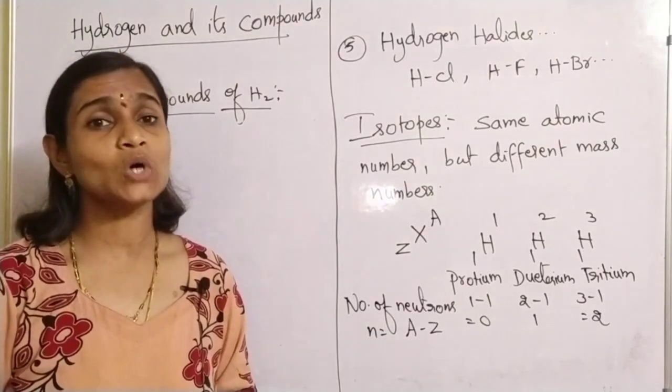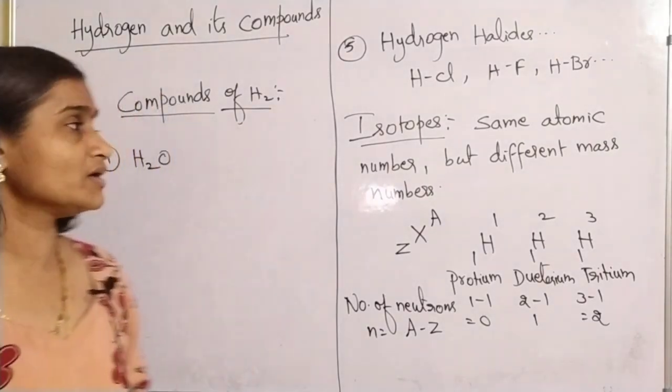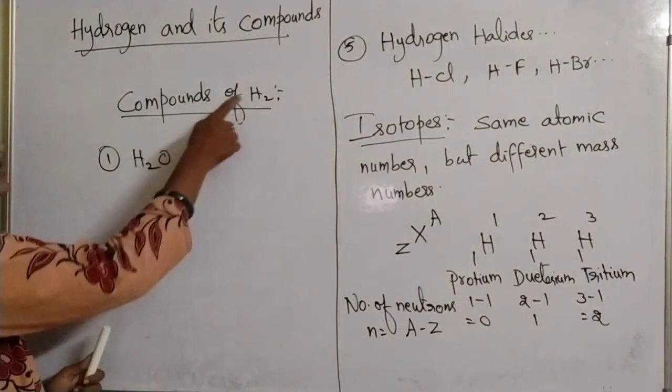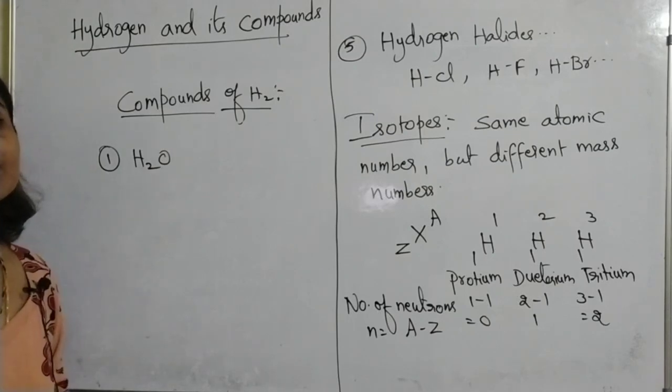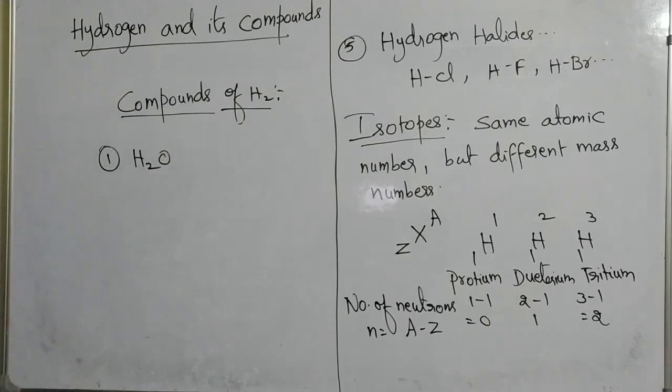The universal solvent is what? Water. So water is the compound formed by hydrogen. How is water formed? Water is formed by the reaction of H2 and O2 in the presence of electricity. By sending an electric spark, you can get water from hydrogen.